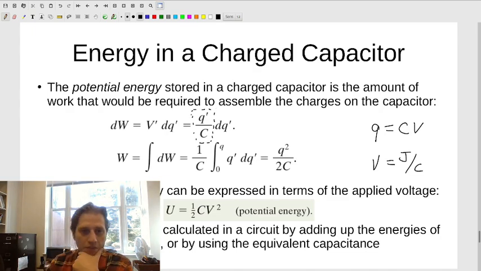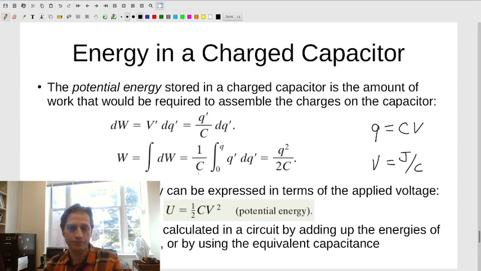So here is my differential work that it's going to take to put a little extra piece of charge on my capacitor. And if I want to find out what my total work is, I'm just going to have to integrate that work from 0 charge to Q, whatever charge I have at the end.